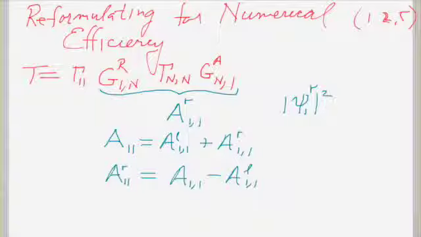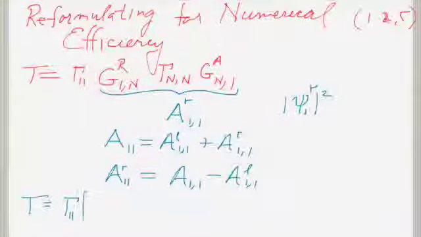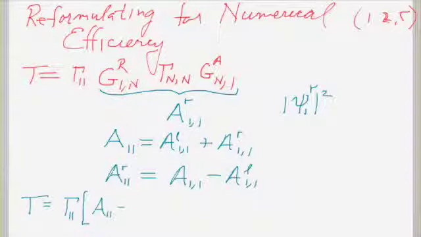And so when I do that, I have that T is equal to Gamma_11 times (A_11 minus A^L_11).